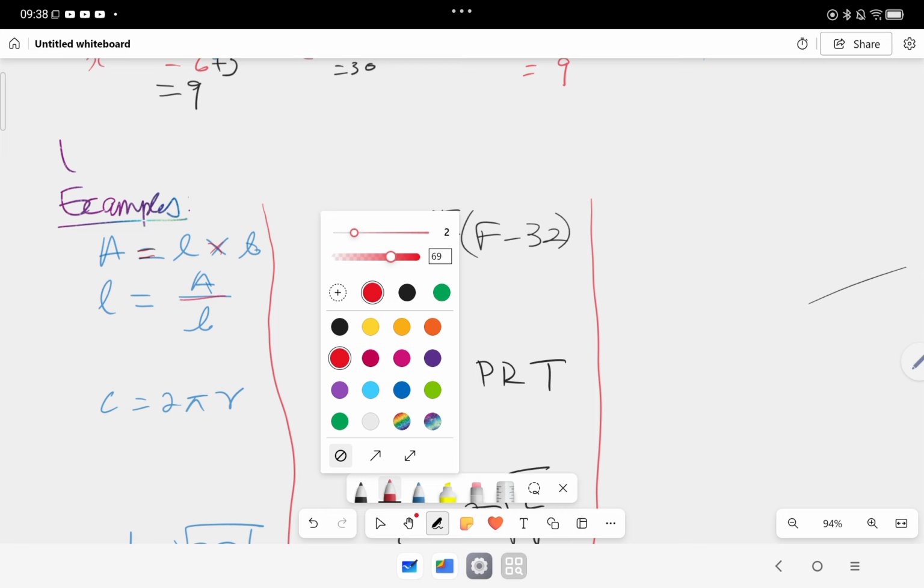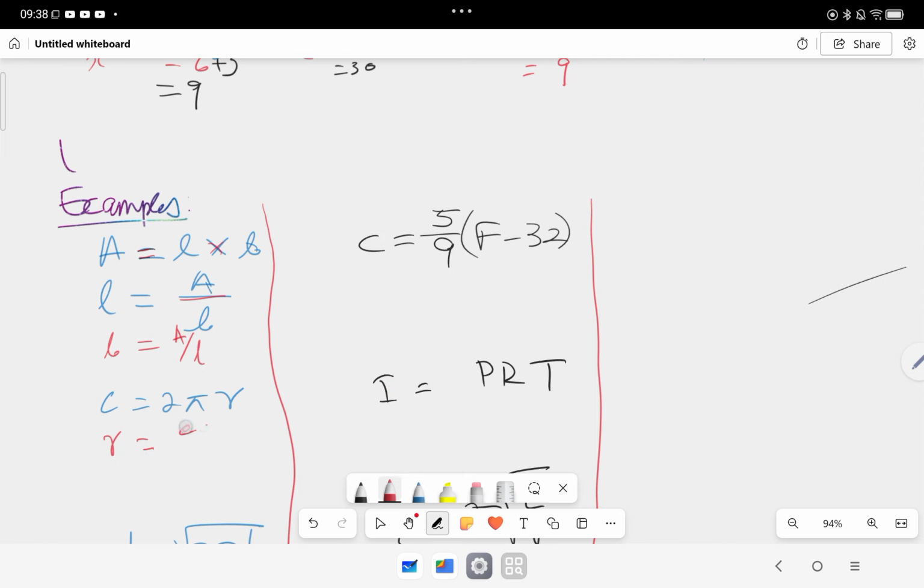So L equal to A over B. Similarly, you can find B equal to A over L. In this one, if we take r on this side, we say r equals C over 2 pi.